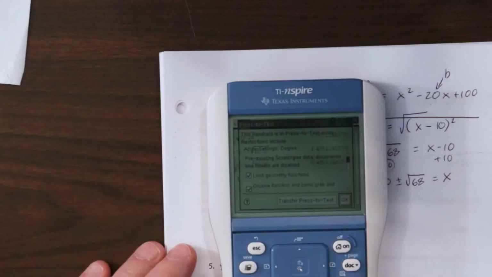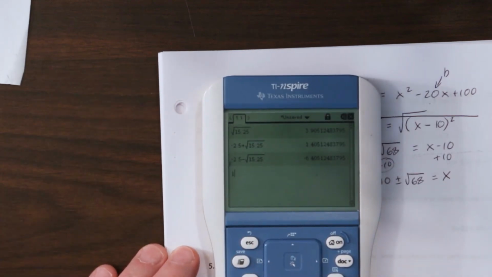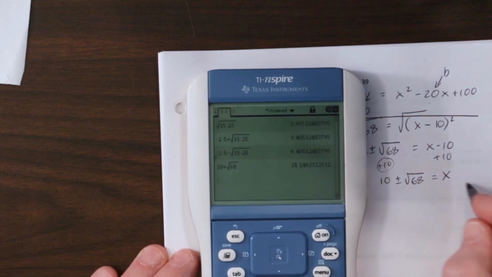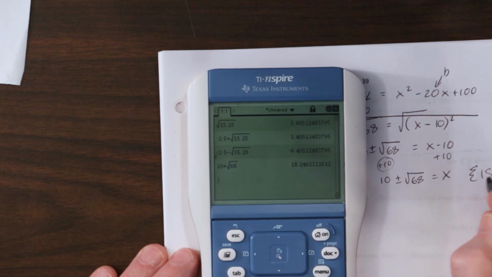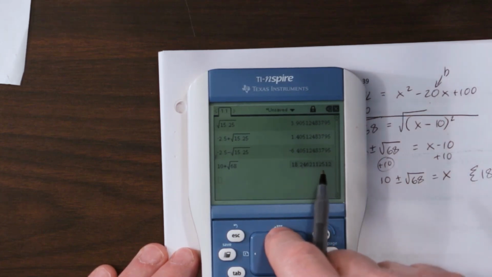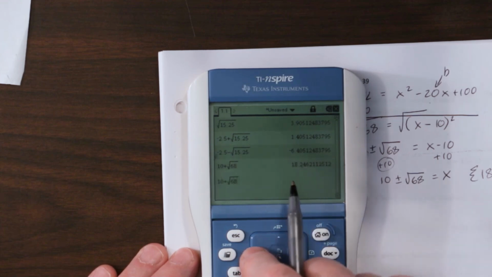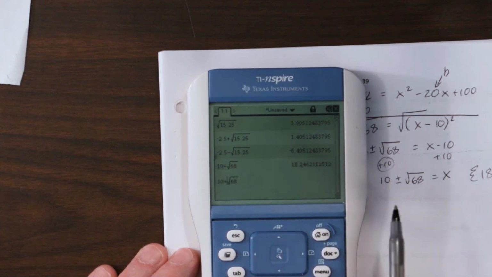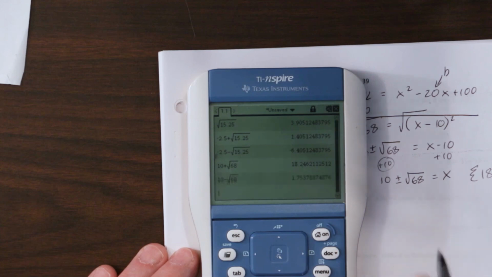All right, and I do 10 plus control square root 68. Check your screen. So that's going to be 18.25, comma. And I arrow up and I pull it down and I change that plus sign to a minus sign. Delete, minus, enter. And I get 1.75.